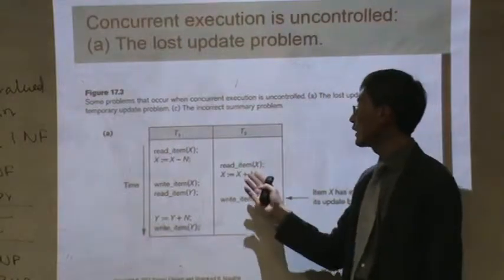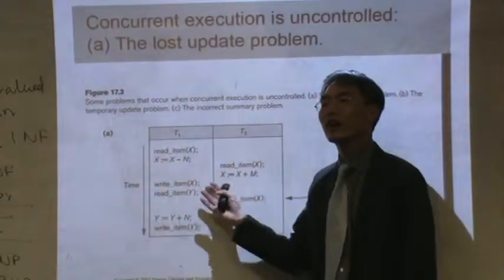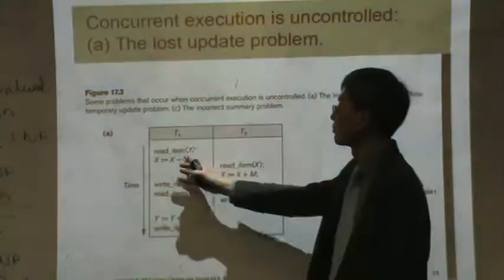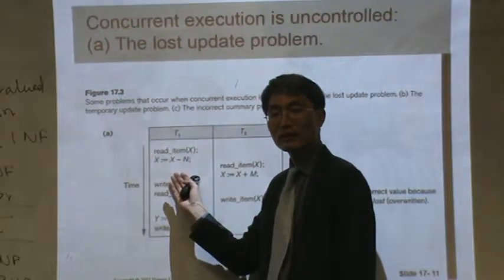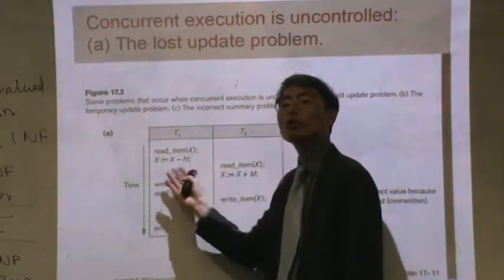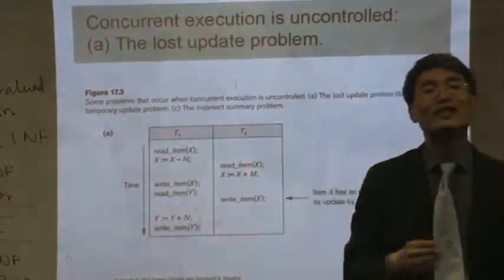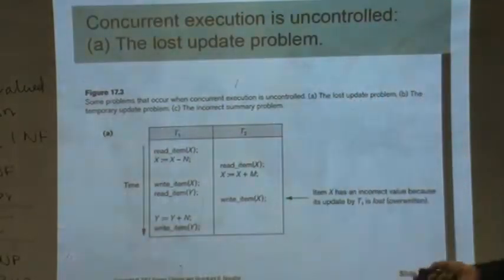At the same time, T2 increases the number. Then we cannot guarantee the output. That is the loss of data problem. You lose the updated data because two transactions access the shared data. It's almost the same problem as the synchronization problem in operating systems.